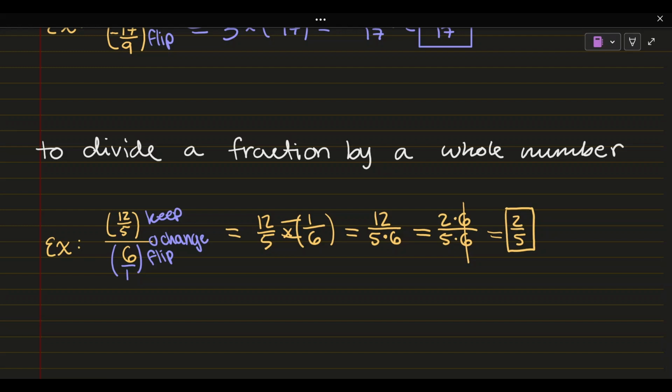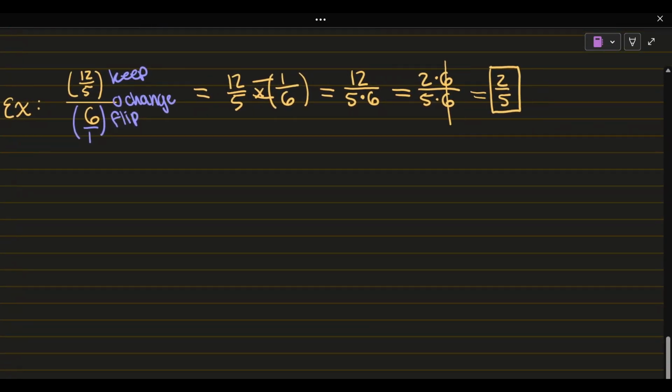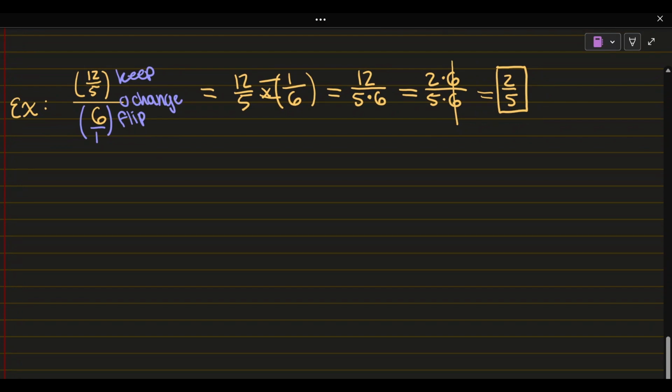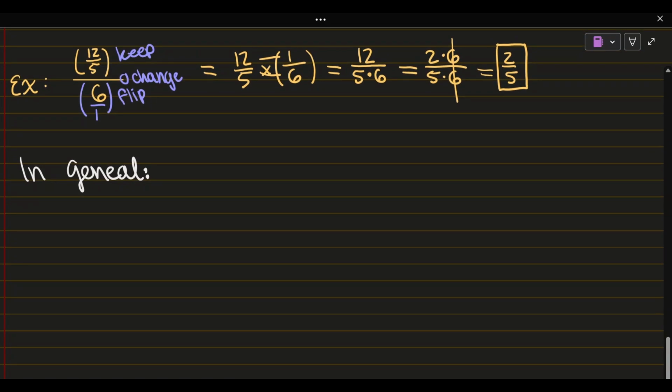Okay. And now I want to take some time to write out some rules here that happen in general. I'm going to give you some, I guess you would call them, formulas. Let me write this in red.